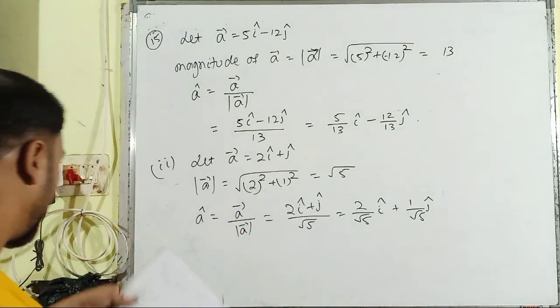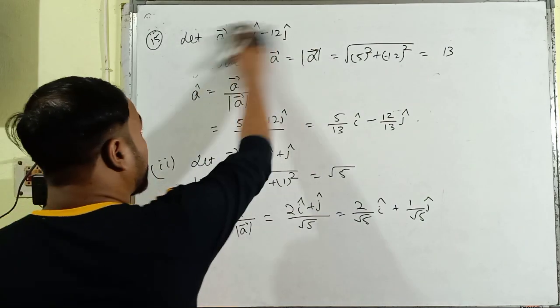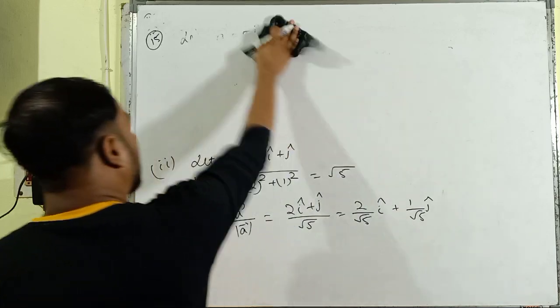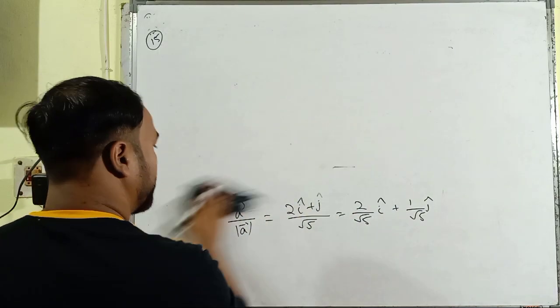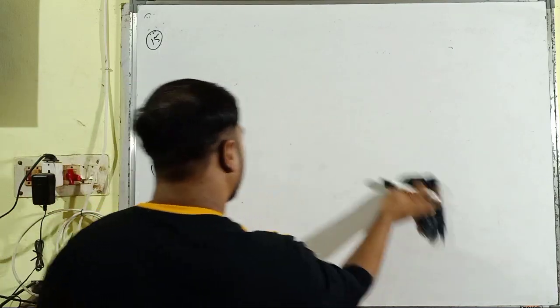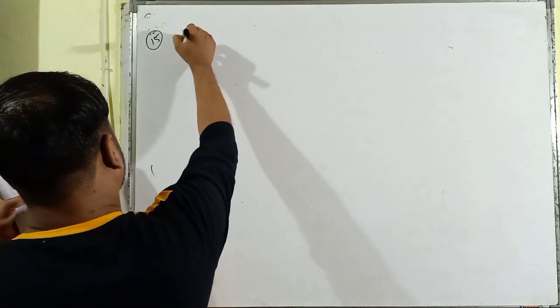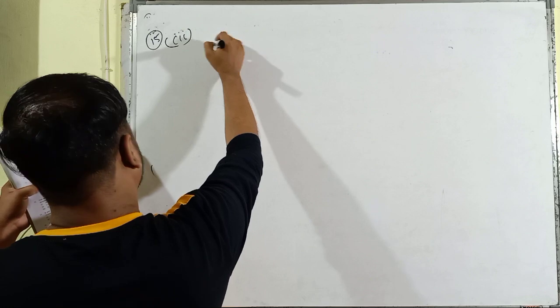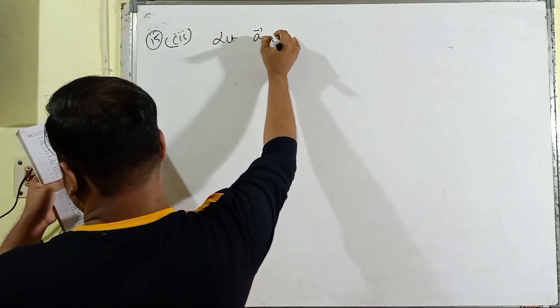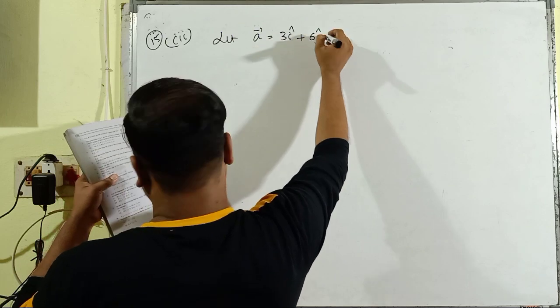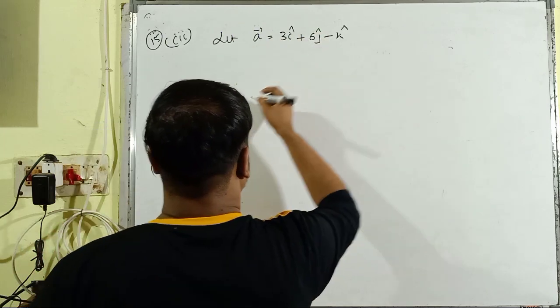Then let us move towards the next bit of number 15. The third bit of number 15: let A vector be equal to 3i cap plus 6j cap minus k cap.